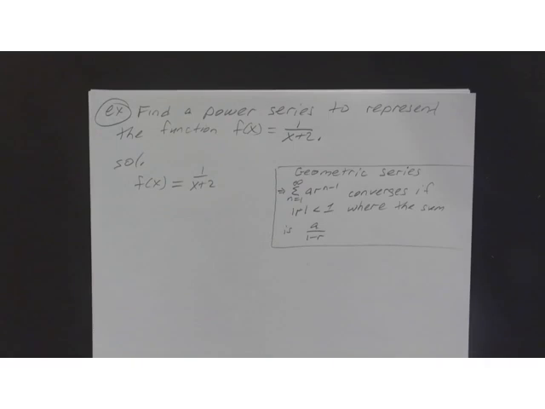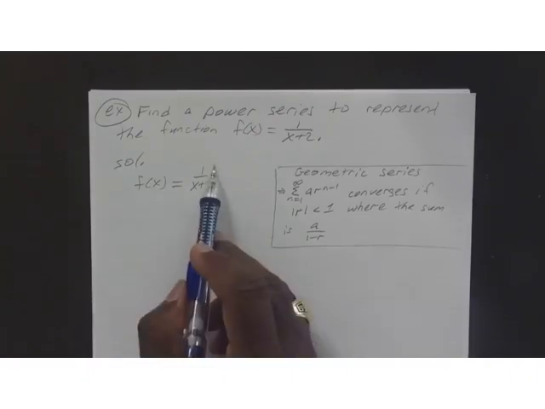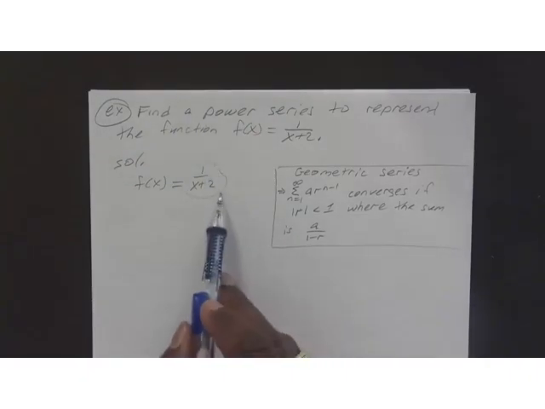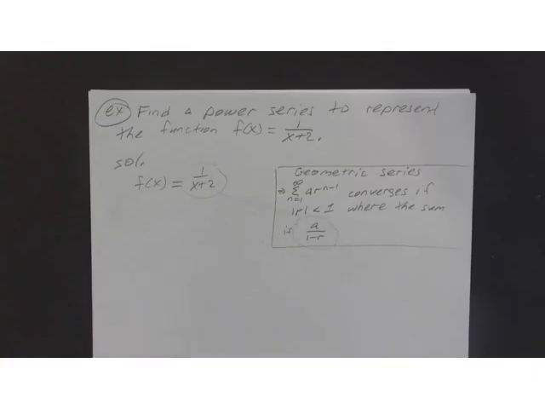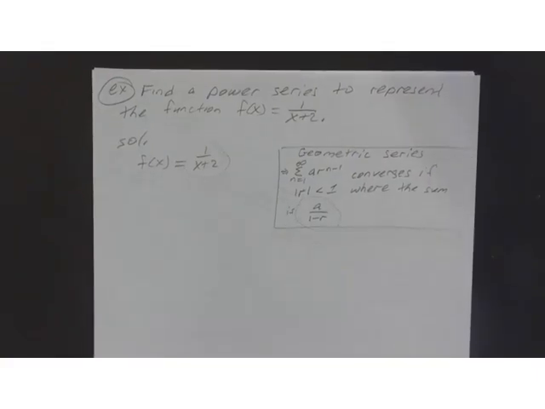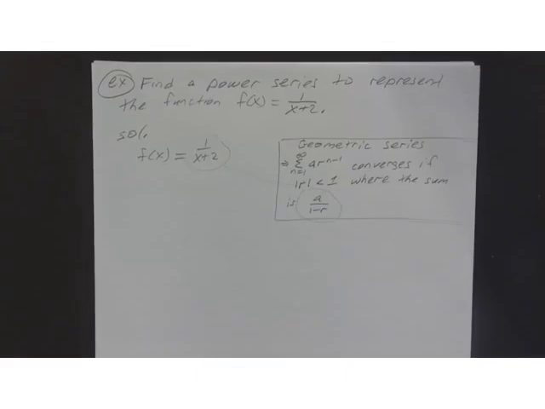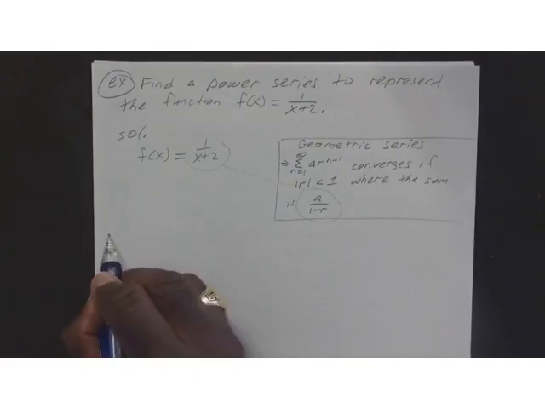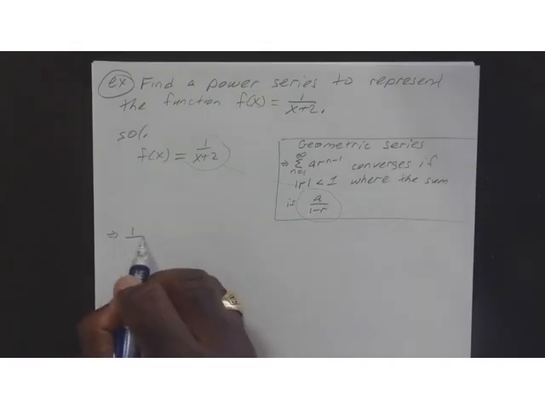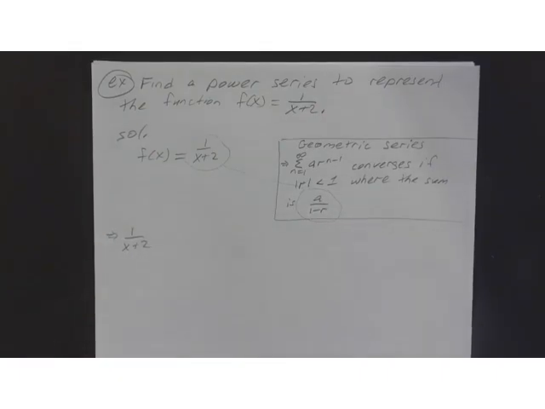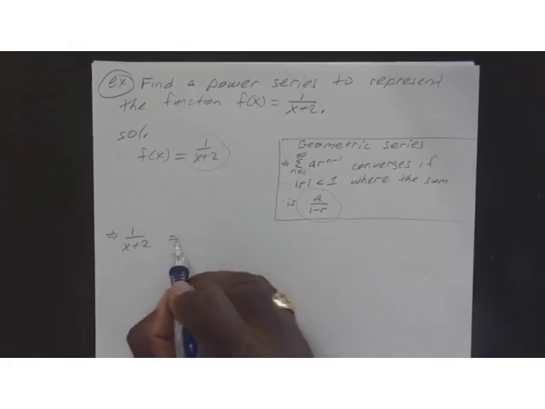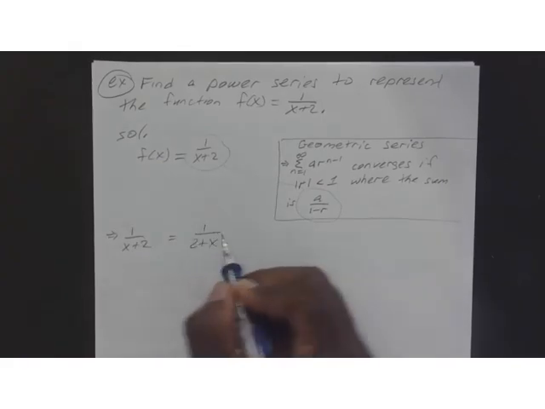Okay, so what we have to do is we have to get this function and put it in this form. So if we have 1 over x plus 2, we want to rewrite that as 1 over 2 plus x.